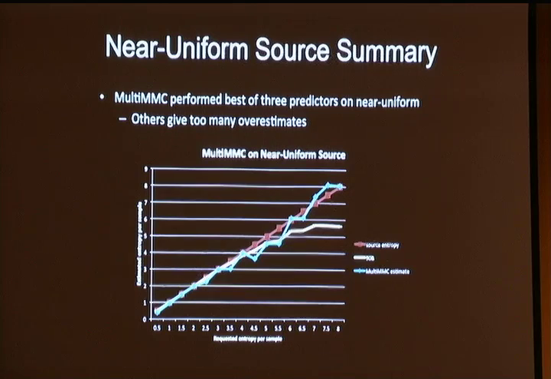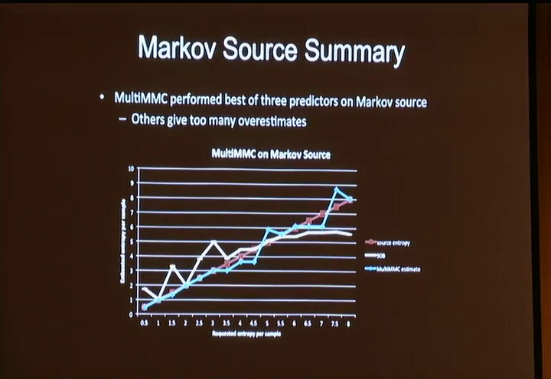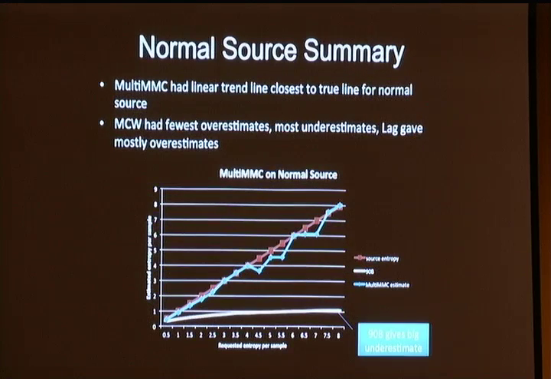And for the Markov source, again, multi-MMC performed best of the three predictors, and we have some higher estimates for 90B here. This is so small, I can't see my screen. And for the normal source, for the samples that are normally distributed, again, multi-MMC had a linear trend that is closest to the normal source.